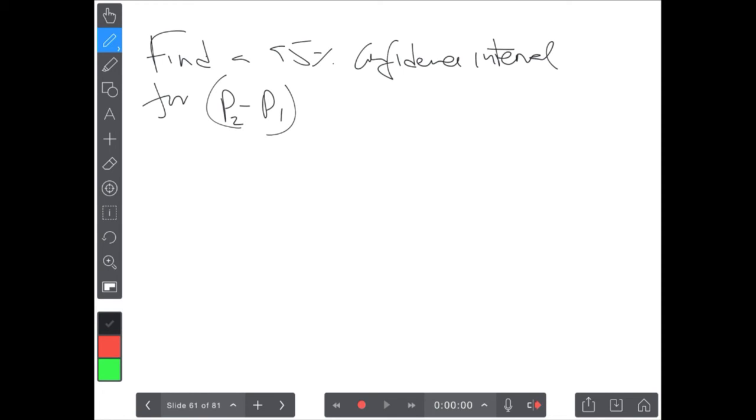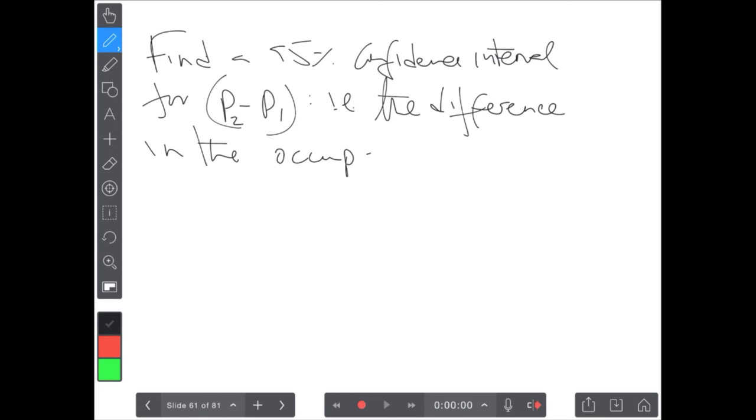In other words, for the increase in occupancy rate, or the difference in the occupancy rates, P2 minus P1.